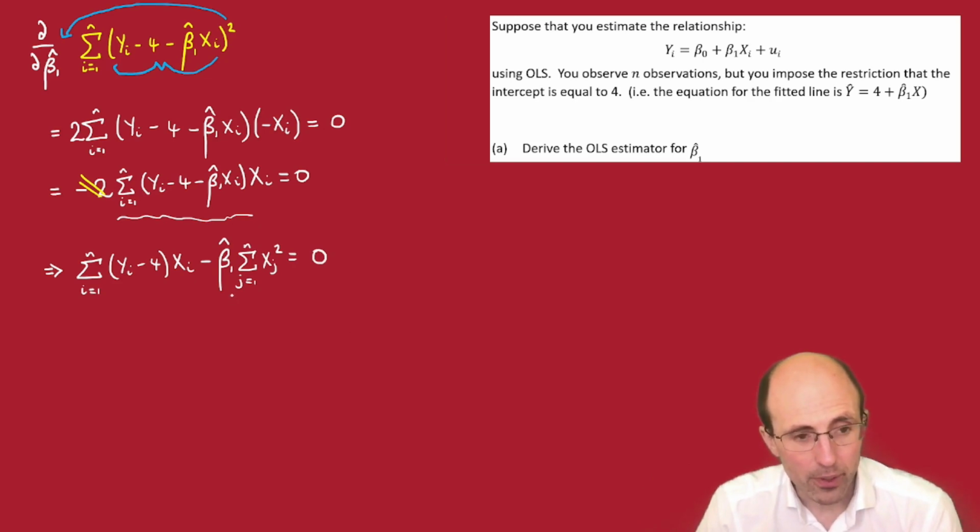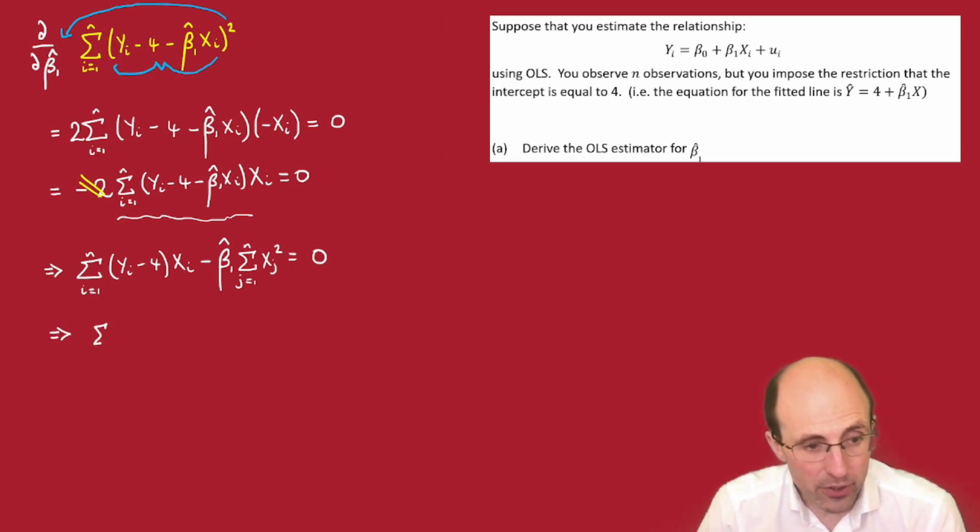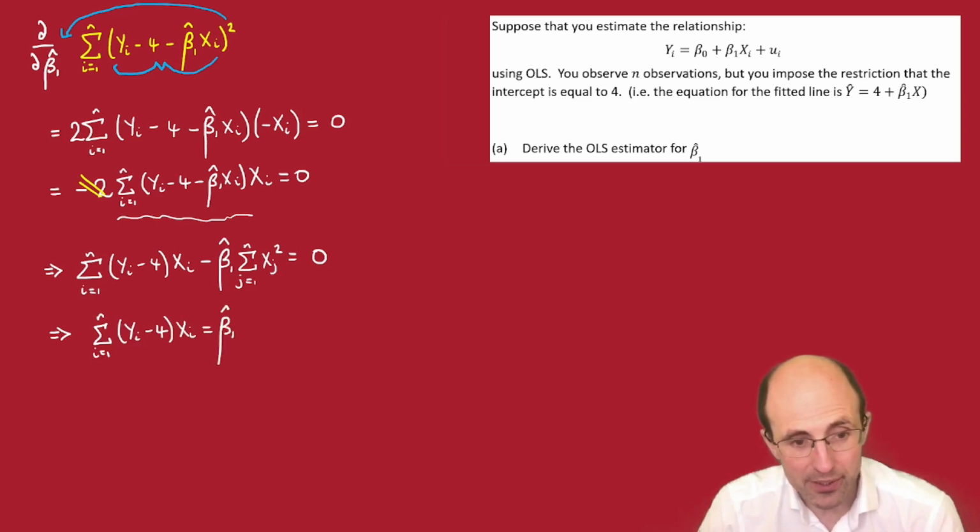So now we can add beta 1 hat times the sum of x squared to both the left and the right, giving us that the sum from i equals 1 to n of yi minus 4 times xi is equal to beta 1 hat times the sum of the x squared.